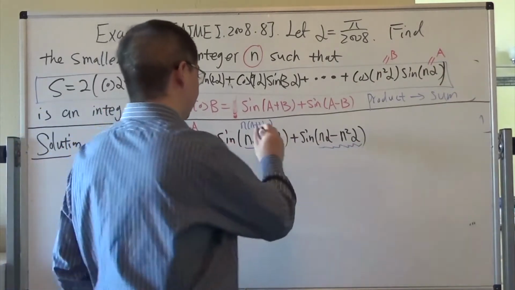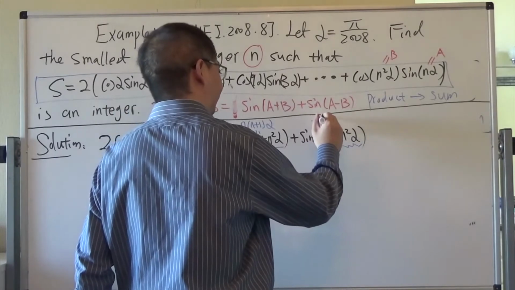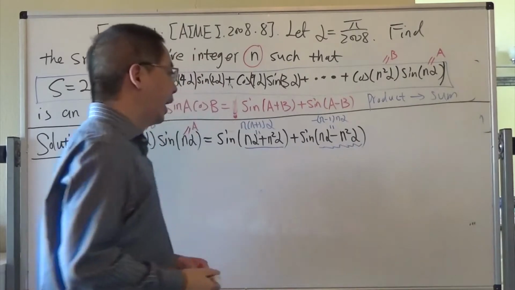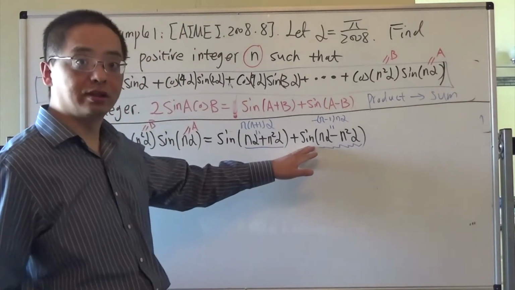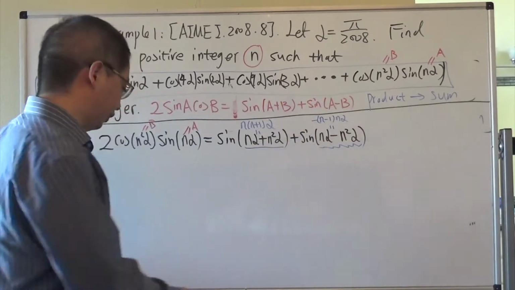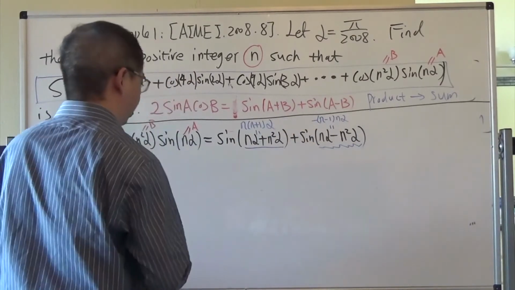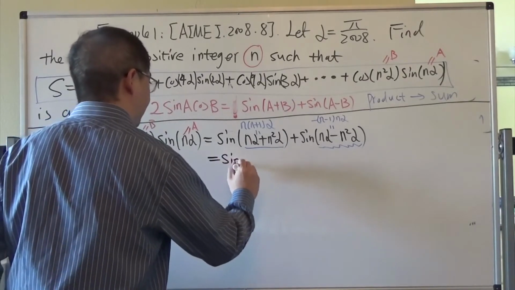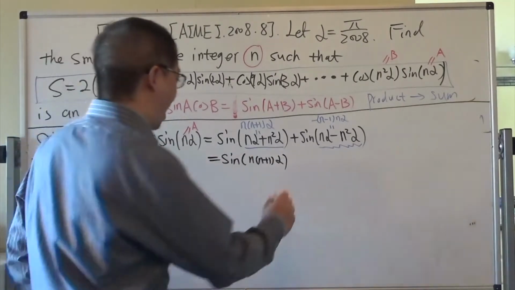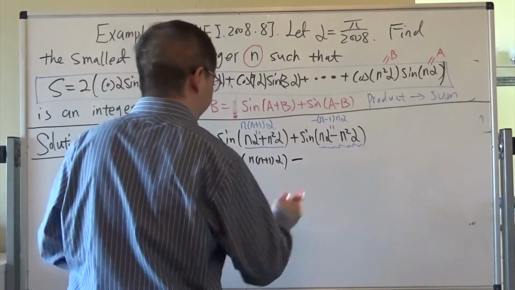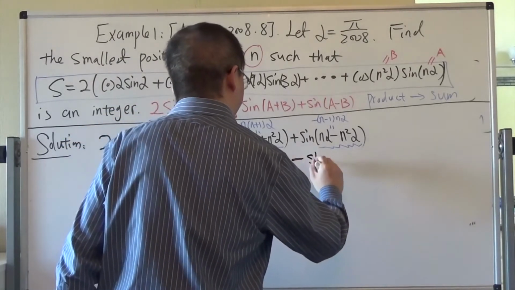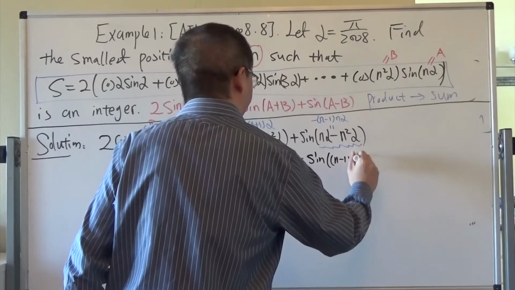So this equals sine of n times n plus 1 alpha, minus sine of n minus 1 times n alpha.